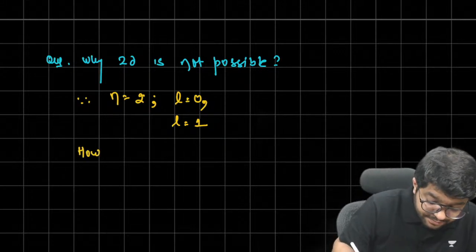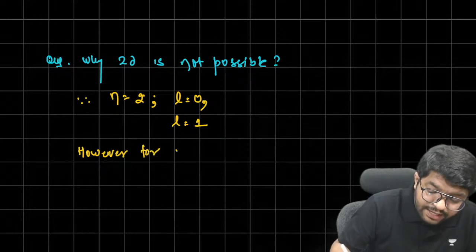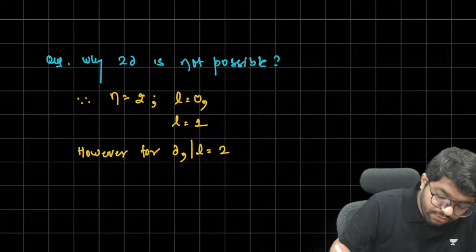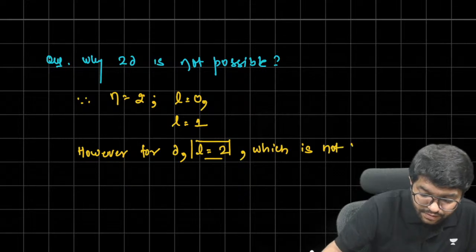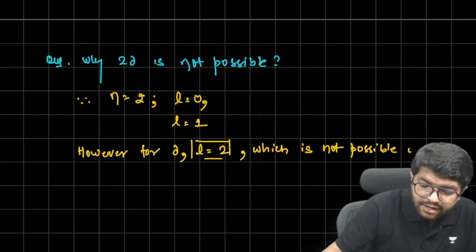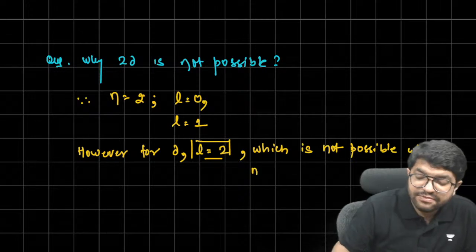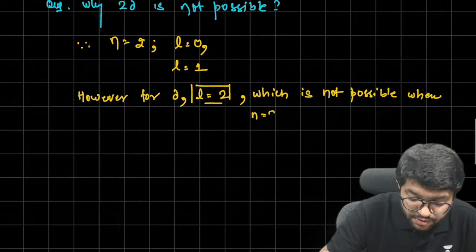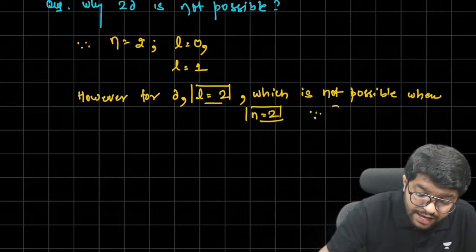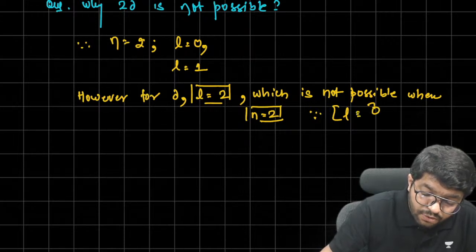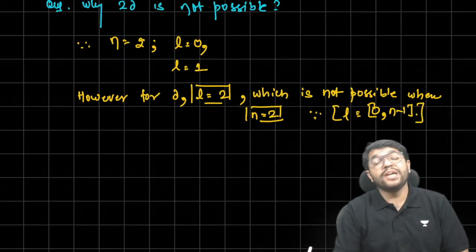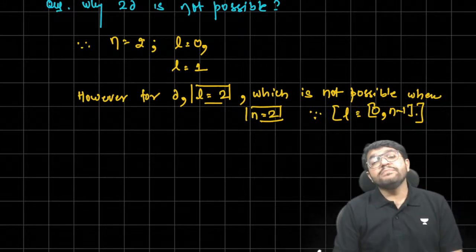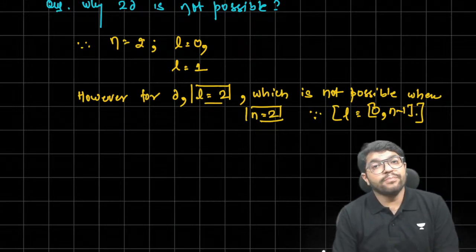However, for D, L should be 2, which is not possible when n is equal to 2, because L varies from 0 to n minus 1. It will never be equal to n. So that is about the azimuthal quantum number, which talks about the shape of the orbital.